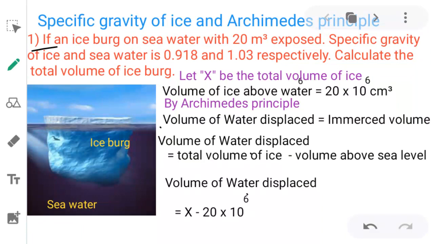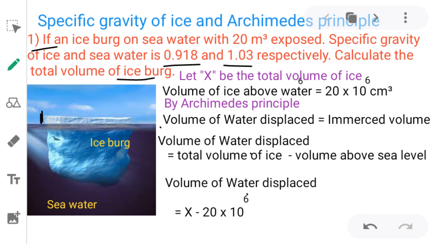Here is the problem: an iceberg floats in seawater with 20 meter cube exposed to the air above the seawater. The specific gravity of ice and seawater are 0.918, that is of ice, and 1.03, that is of seawater. Calculate the total volume of the iceberg.